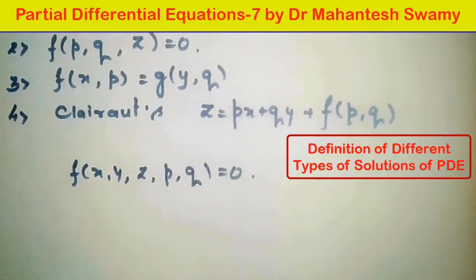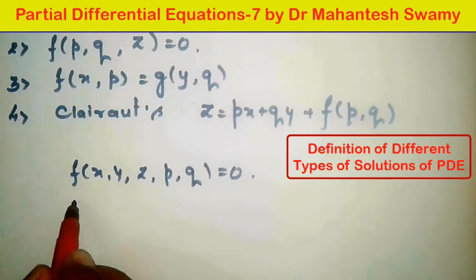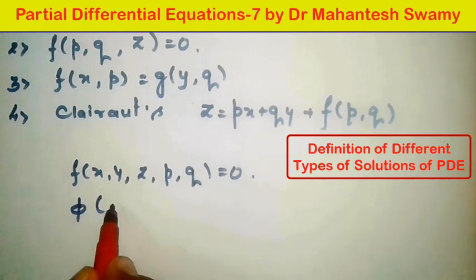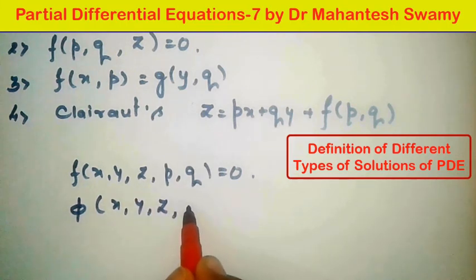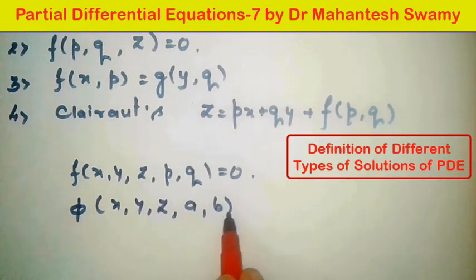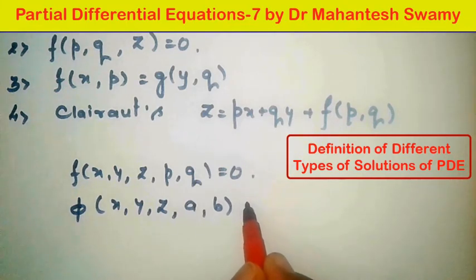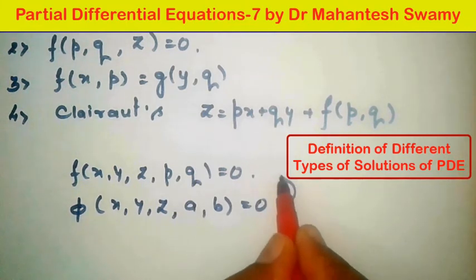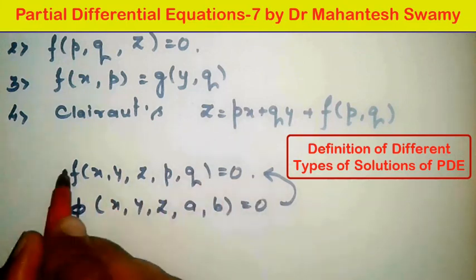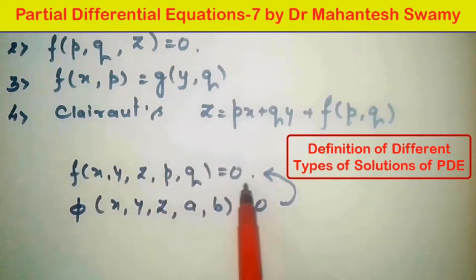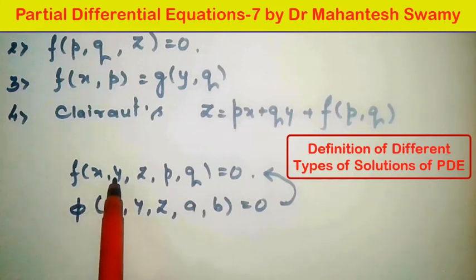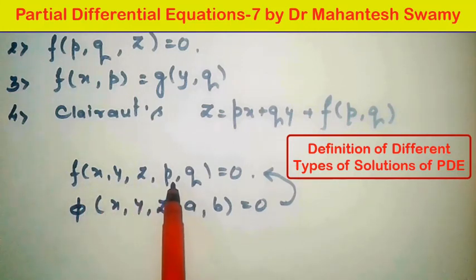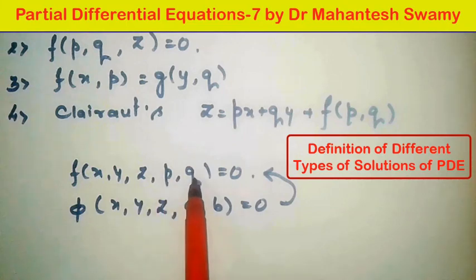now a relation of the form phi of x comma y comma z comma the arbitrary constants a comma b equal to 0, which satisfies the given partial differential equation, represents the given partial differential equation because it has the independent variables x and y, the dependent variable z, and the derivative terms p and q.